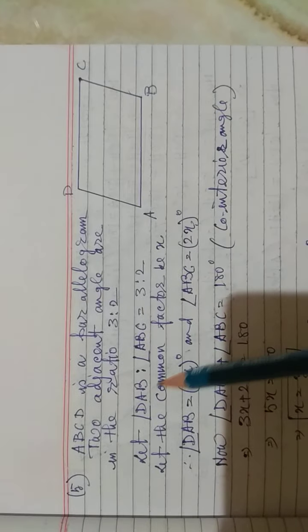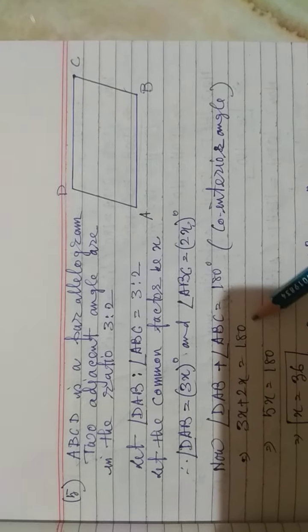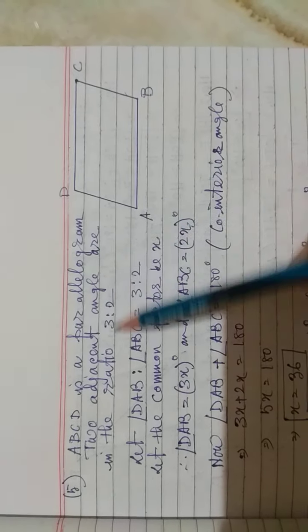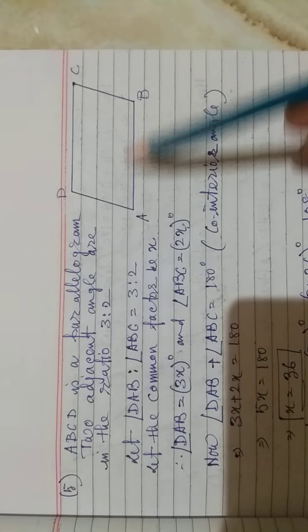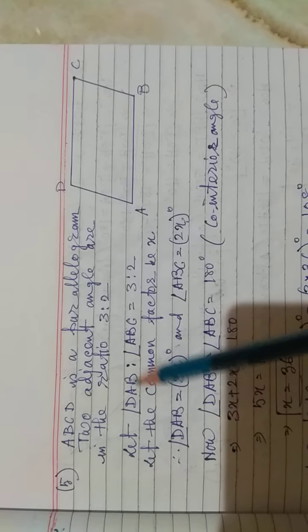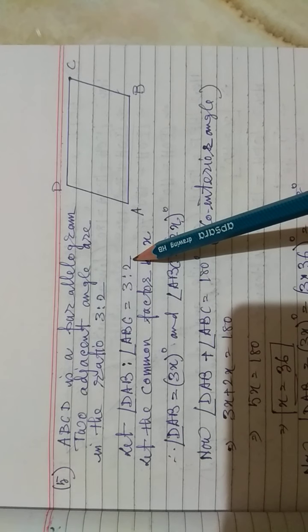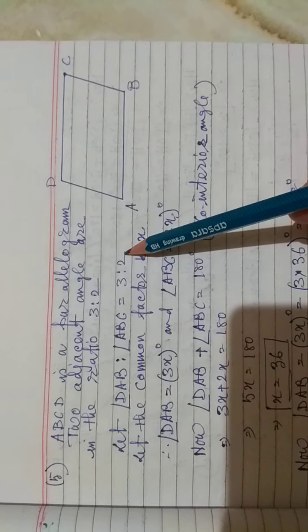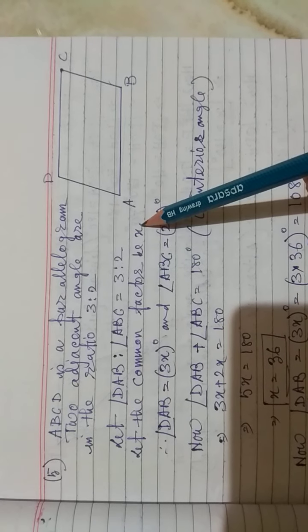Question number 5. Here ABCD is a parallelogram and the adjacent angles are in the ratio 3:2. So let DAB equal to 3x degree and ABC equal to 2x degree, where x is the common factor.